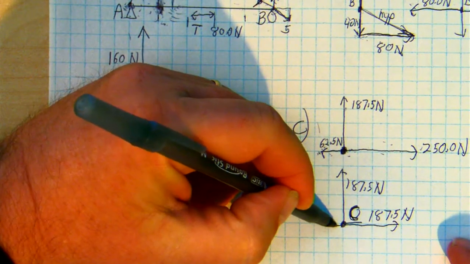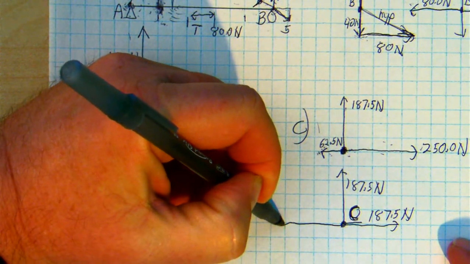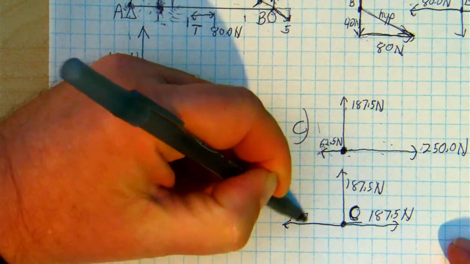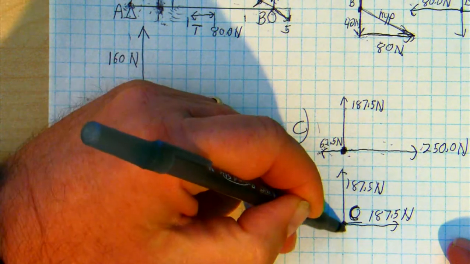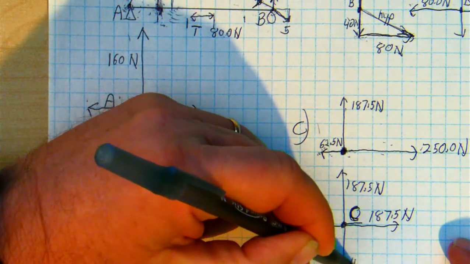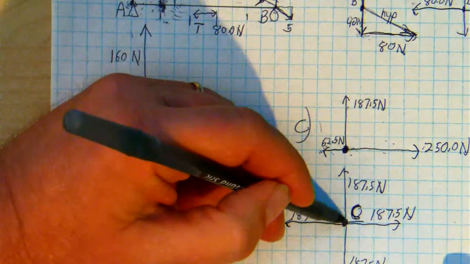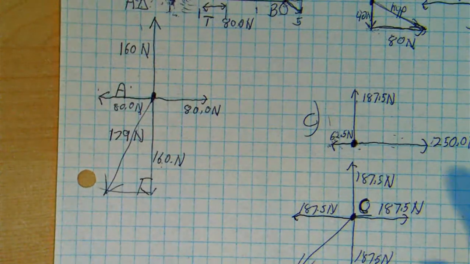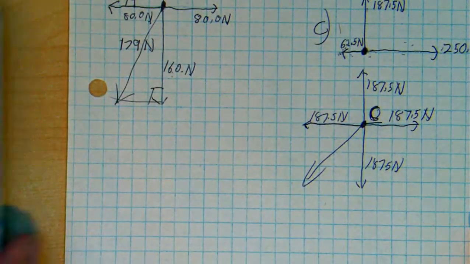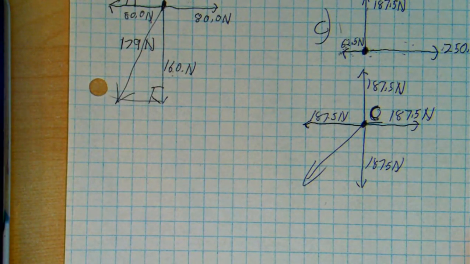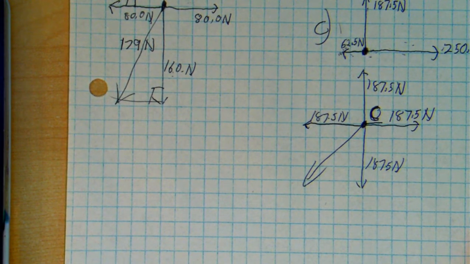So member AC must be pulling 187.5 newtons to the left and pulling 187.5 newtons down on point C. The hypotenuse would be the magnitude.